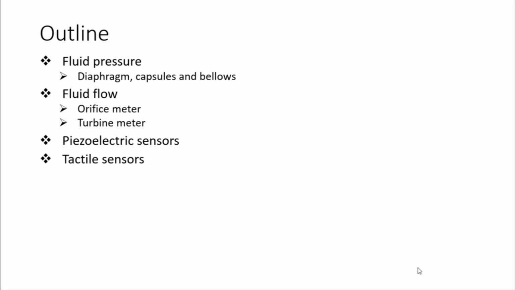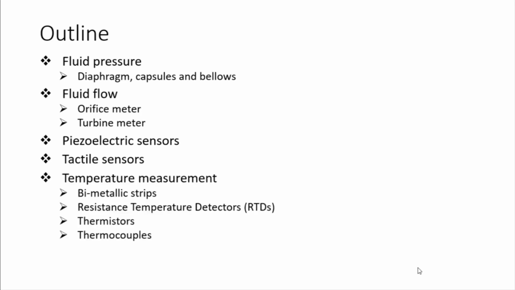Then we will see how to measure the fluid flow. The sensors such as orifice meter and turbine meter will be studied. Then we will study the piezoelectric sensors and tactile sensors. After that, the important variable, that is temperature.